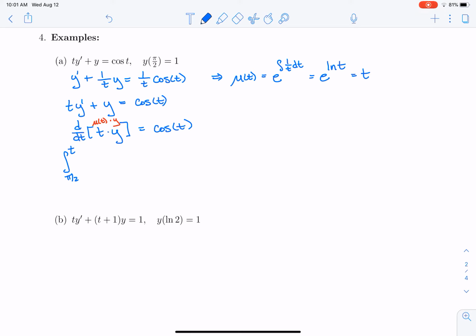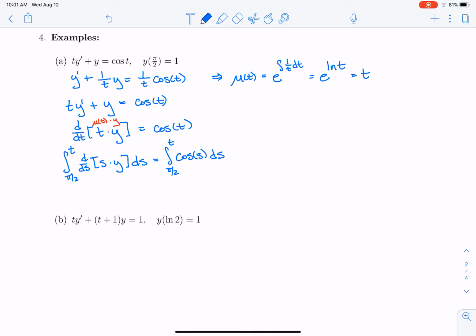And I'm going to integrate d ds of s times y ds, and that's going to equal the integral from pi over 2 to t of cosine of s ds.